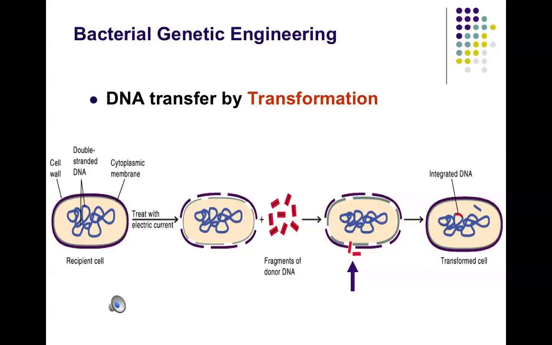Again, these are all random events, so where and how the DNA is added, and whether or not it's able to be transcribed and translated, is all random. So often we're simply looking for a needle in a haystack, and that it occurs and is successful at all is quite interesting, I think.